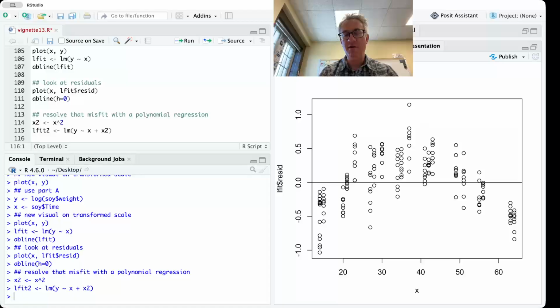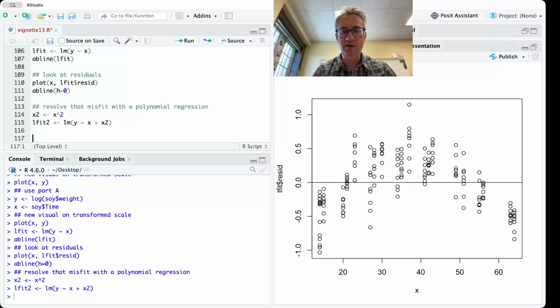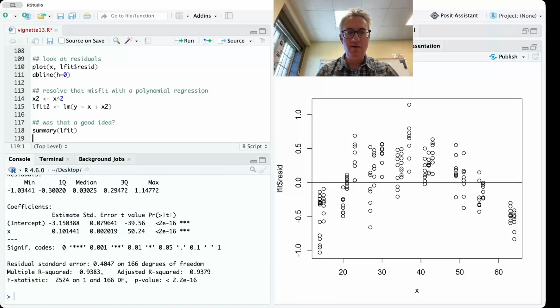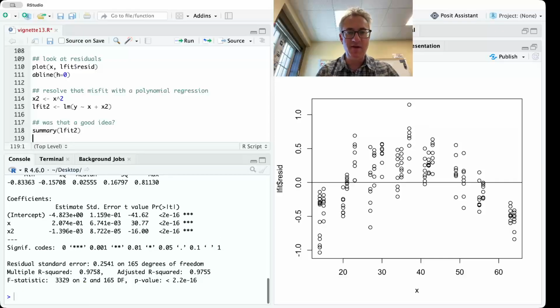Okay, so this is how we fit a multiple linear regression, but the features of that multiple linear regression in this case are just powers of the original x. Okay, so was that a good idea? Well, we can always look at the summary of the second fit and see that this new predictor has a test statistic for the null hypothesis that the coefficient is 0, which is very large and leads to a small p-value.